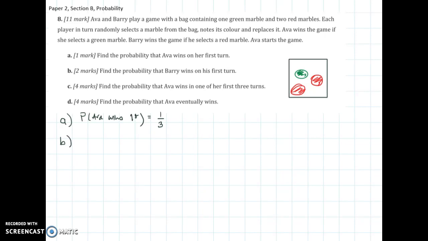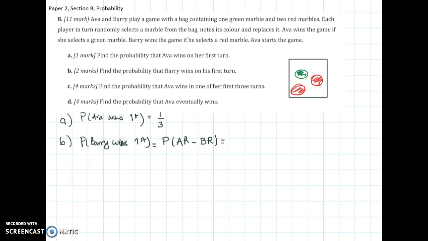For part B, we want to find the probability that Barry wins on his first turn. So probability Barry wins first. So that means that the sequence we need to have is that first Eva takes a marble, and that one is red because otherwise she will win and the game is over. And then in the next step, Barry takes a marble, and that one turns out to be red as well because that's what makes Barry win.